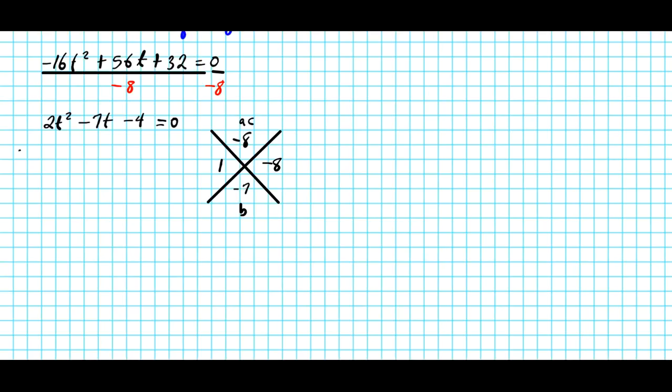Now one thing to note in this problem is that a is not equal to 1. So what does this mean? We have to factor by grouping. There's no shortcut here. Okay, so let's go ahead and do that.